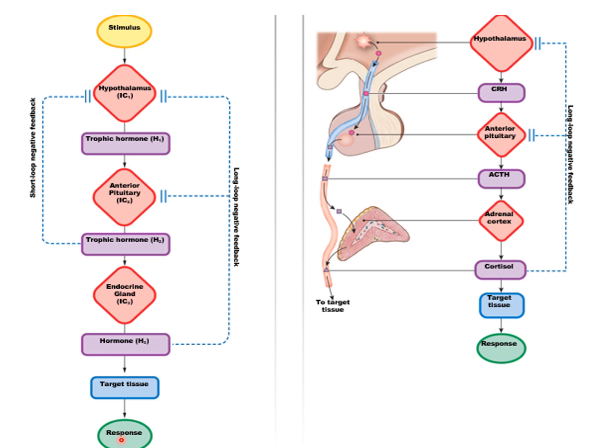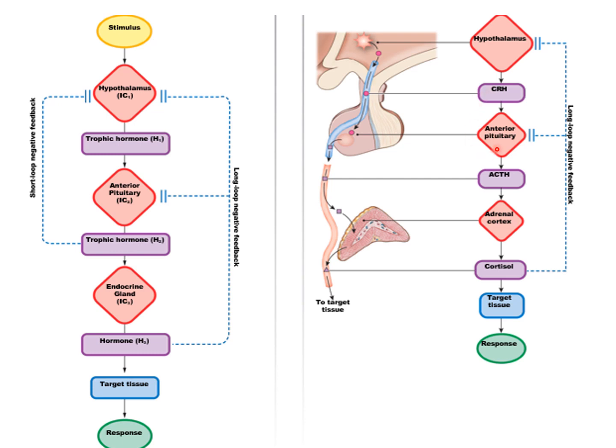To give an actual example of a cascade event like this one, the hypothalamus in your brain right here produces a hormone known as CRH. CRH stands for corticotropin releasing hormone. The corticotropin releasing hormone is going to travel and stimulate the anterior pituitary gland, and since CRH is stimulating your anterior pituitary, it's known as a tropic hormone.